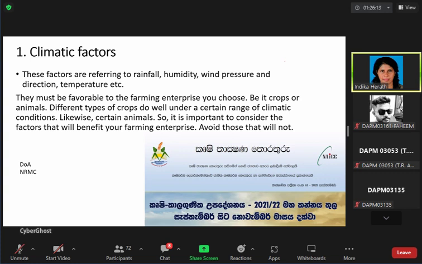If not, for example, if someone wants to invest in cultivating coconut, and you understand that the land area you have selected does not have enough rainfall, okay, coconut palm needs more than 1250 millimeters of annual rainfall.